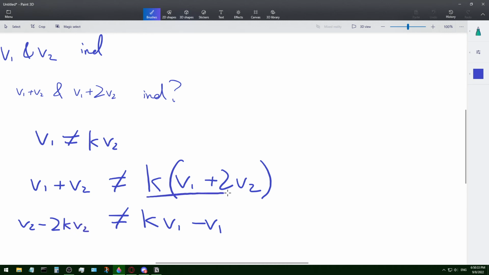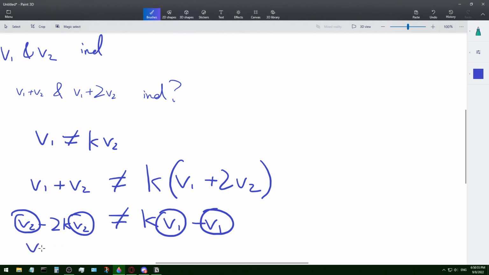Now I've done the distribution of k in my head, but that's basically what I did. Now we can actually factor out v2 and v1 on their respective sides.